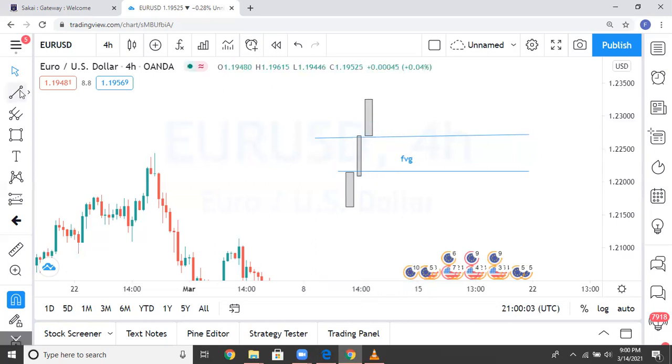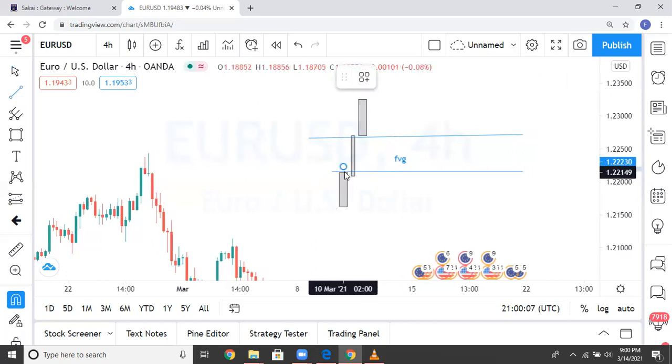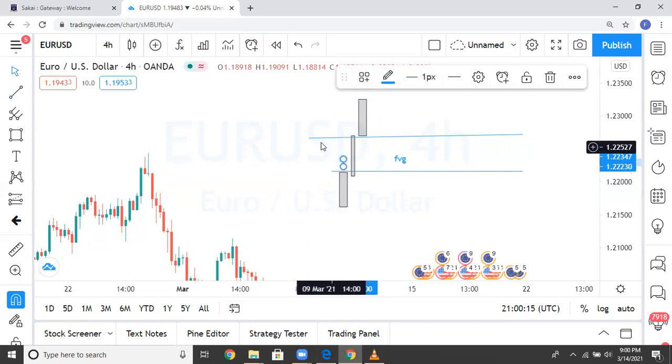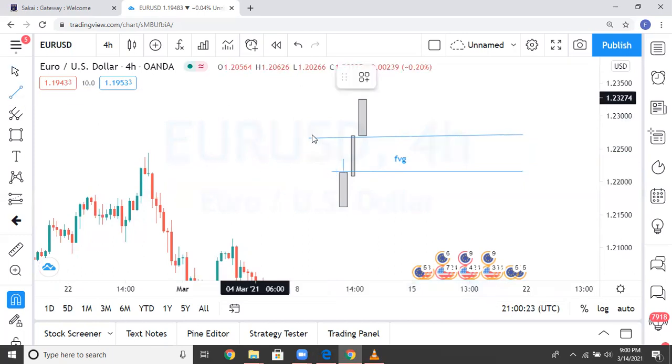So you can even add the wicks to it. Let's say this candle gave us up to this wick, and the other one, this one too here.